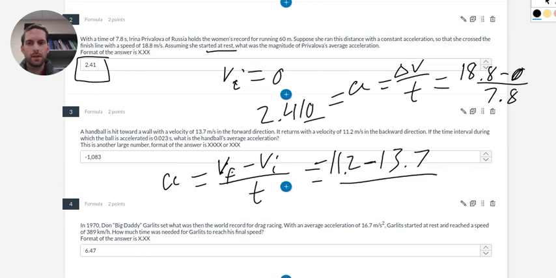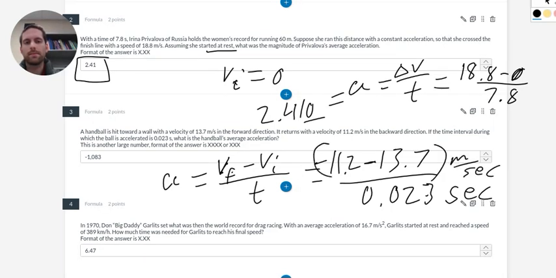over the value of time, which is going to be 0.023, because that's an S, stands for seconds again. These are in meters over seconds. All right.